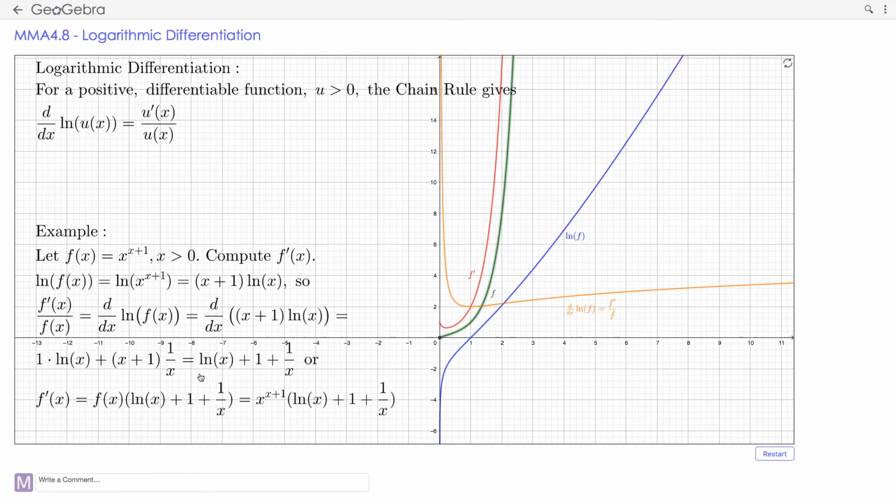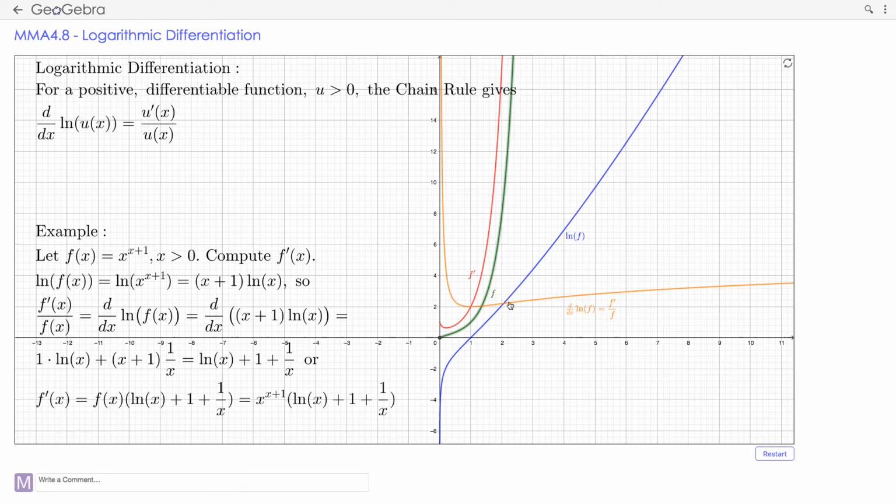So this here has to be equal to f prime of x over f of x. To get f prime of x, we just have to multiply by f of x. So f prime of x will be f of x times this.